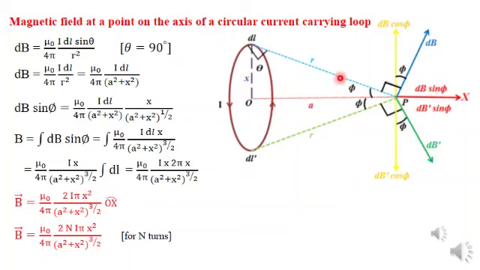So the magnetic field produced by dl has only the axial component, and it is dB sin phi.